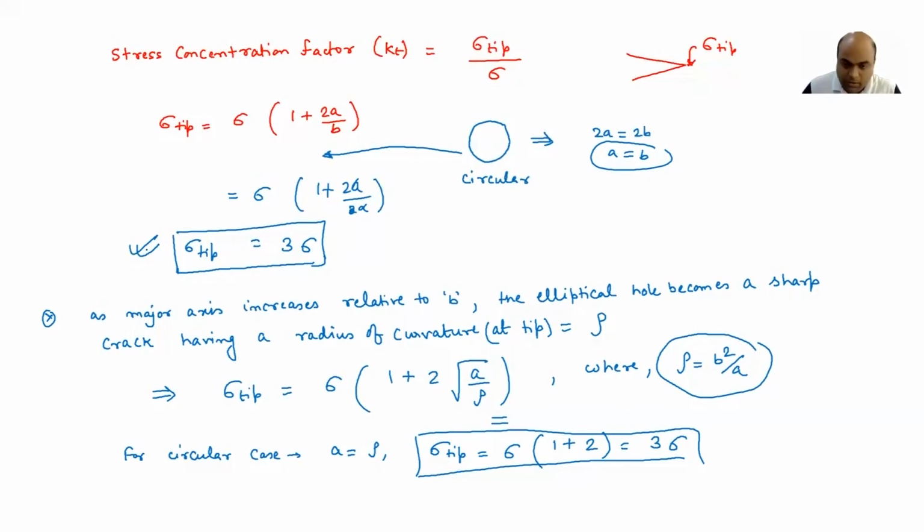Okay. Now if the crack is very sharp, so for a very sharp crack, we can write rho is much less than A, right? Because it's very sharp, so the radius of curvature is very small.